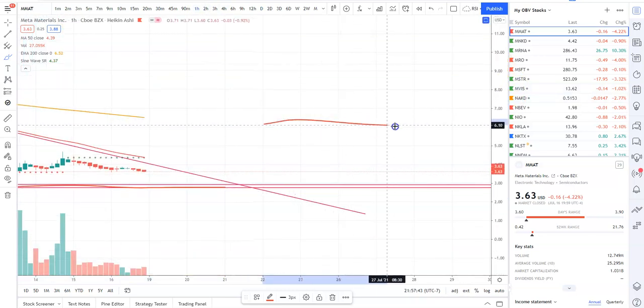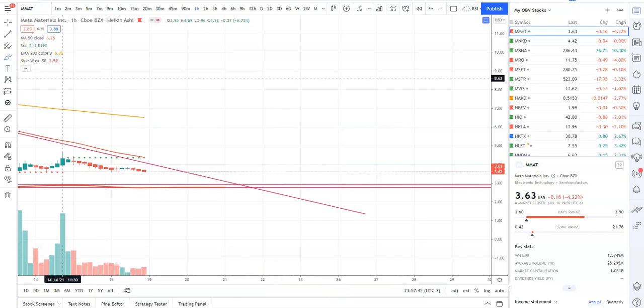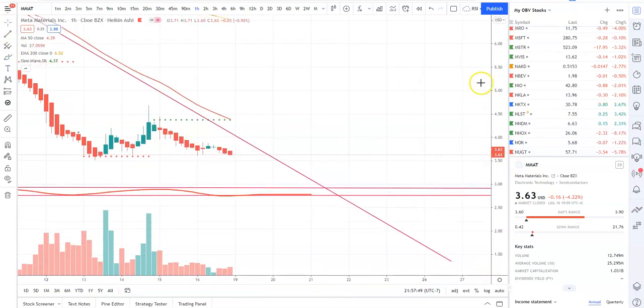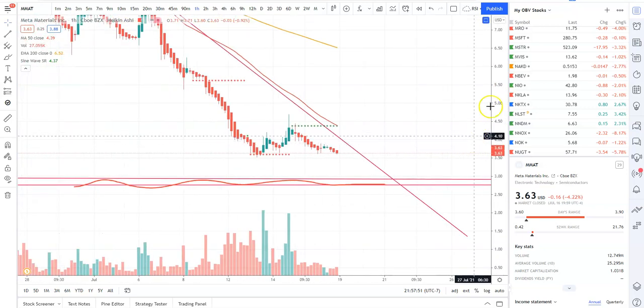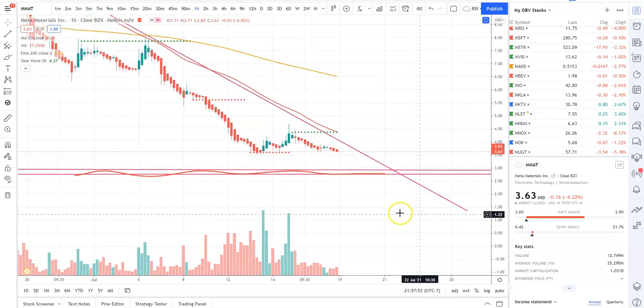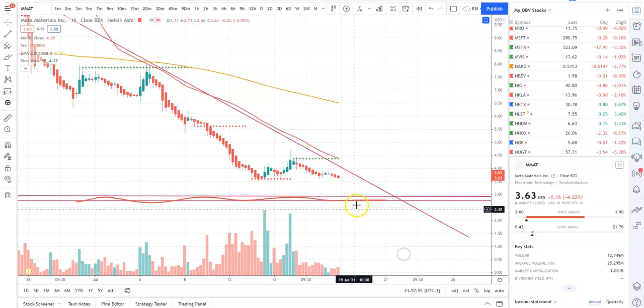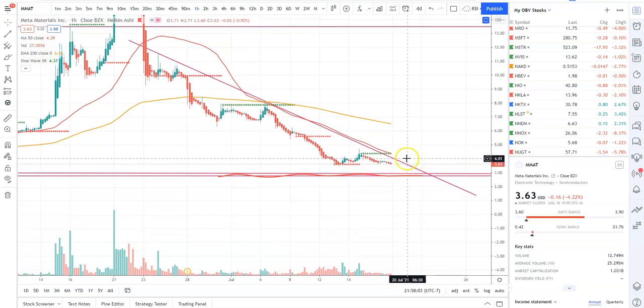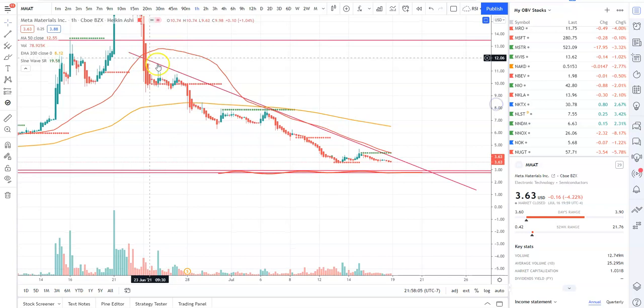Let's look at the 1 hour chart here on MMAT and see if we can look for some clues. And to me, yeah, so you can still see clearly defined, I've got this zone of support here, and we are still working down slowly on a 1 hour time frame. And we've got a very, very nice and well-defined 1 hour down sloping trend line here.